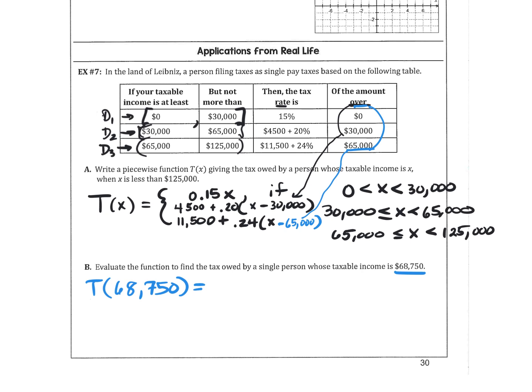Over 65,000. So we literally just have to plug into our function. What does our function say? It is 11,500 plus 0.24 times what? What was our x? 68,750 minus, and that's a calculator problem. So what tax do they owe?